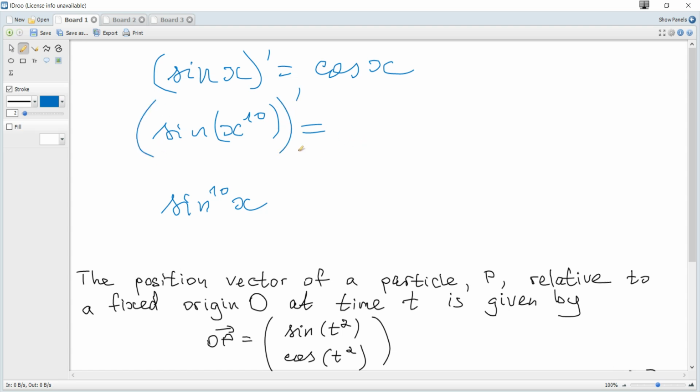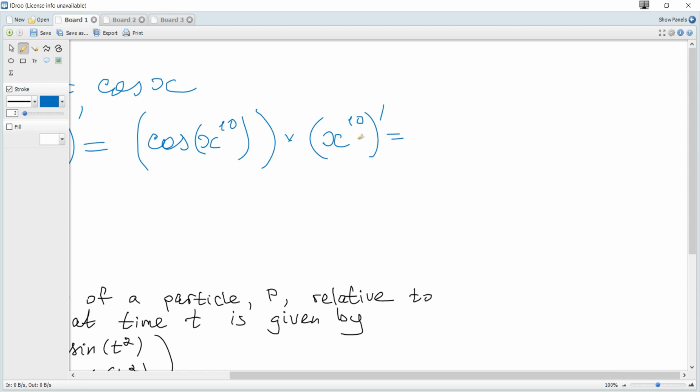To find the derivative, we apply the same formula as for just sine and keep the same argument, so it becomes cosine of x to the power of 10, and then it should be multiplied by the argument's derivative, and finally it becomes 10x to the power of 9 cosine of x to the power of 10.